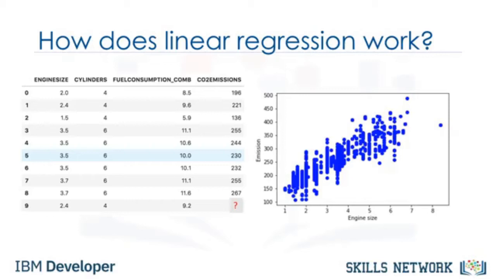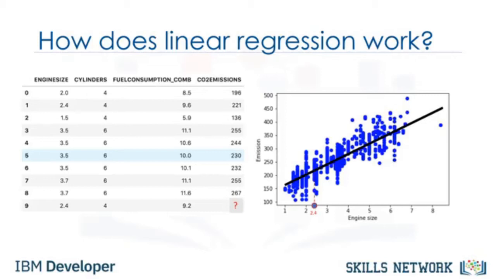Also, it indicates that these variables are linearly related. With linear regression, you can fit a line for the data, for instance, as the engine size increases, so do the emissions. With linear regression, you can model the relationship of these variables. A good model can be used to predict what the approximate emission of each car is.